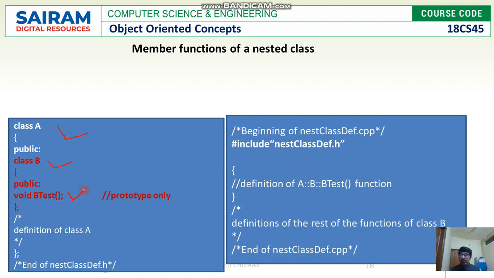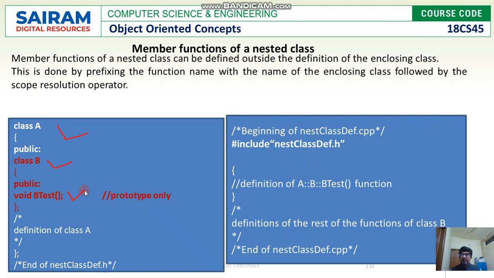Now how can we define this? What is the procedure to define this? This member function can be defined outside the definition of the enclosing class. This is not defined inside. This is the enclosing class, where A starts here and ends here.